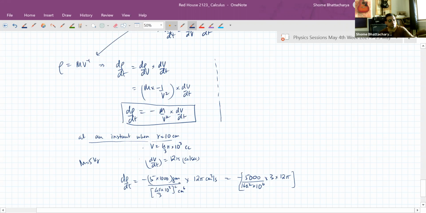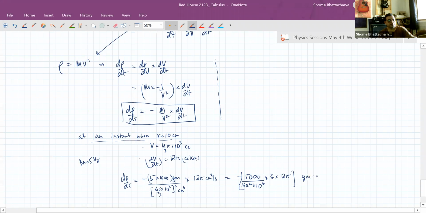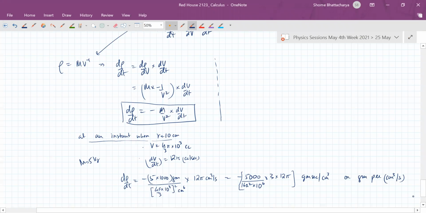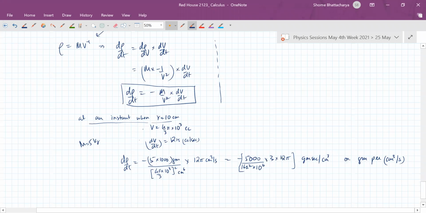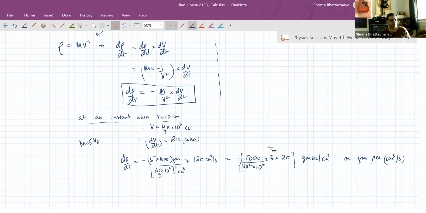Now the unit of this becomes grams per centimeter cube per second. So it will be 5,000 into 9. Sorry, into 9. That's correct.